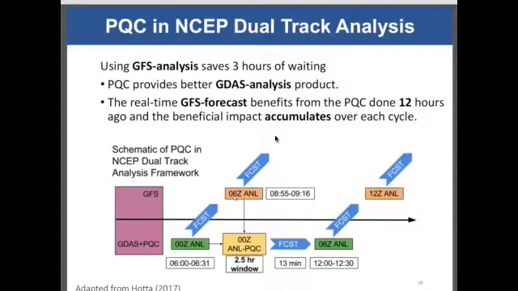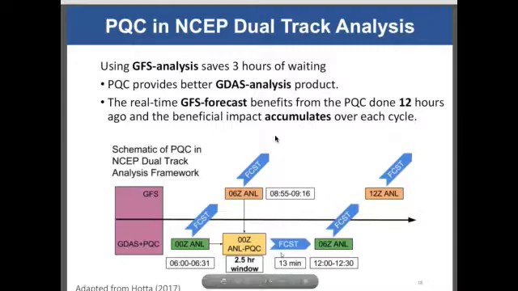If we make use of the early analysis, then we can save 3 hours of waiting. So we don't need to wait for this one. We can just wait for this one. This is done by around 9:16, and that leaves us a 2.5-hour window to do PQC here.